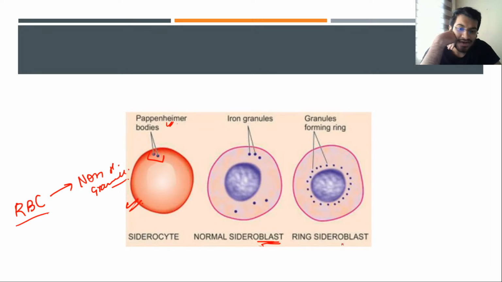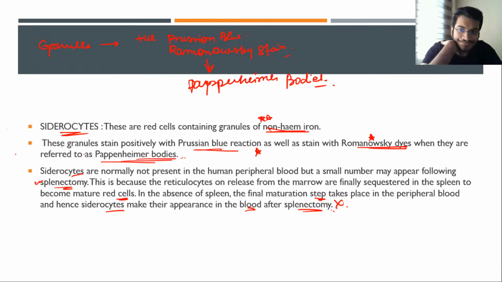But this is a sideroblast, this is a ring sideroblast, this is a normal sideroblast. Ring मतलब granules जो है वो they formed a ring around this nucleus.